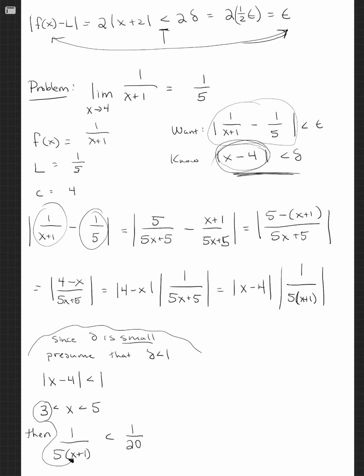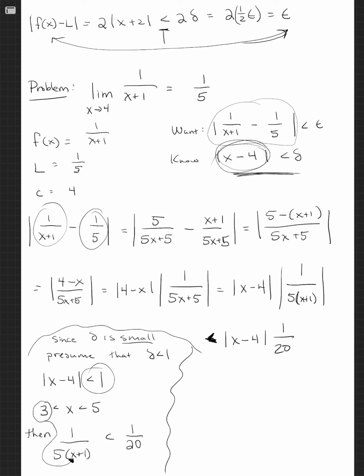So if we replace x with the smallest version of x possible, then we get 20 out of it. Right? So this is one of the things that we can always do in these cases when we want to simplify something, is that we can go ahead and presume that delta is at most 1. Right? So close that off.